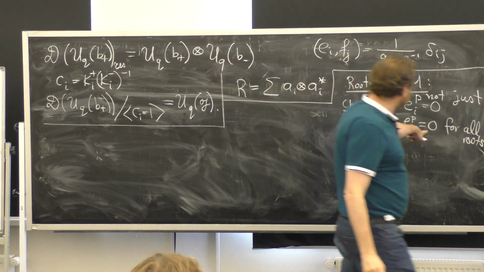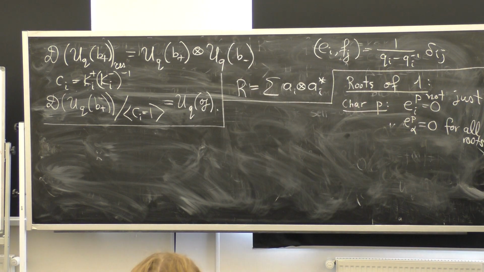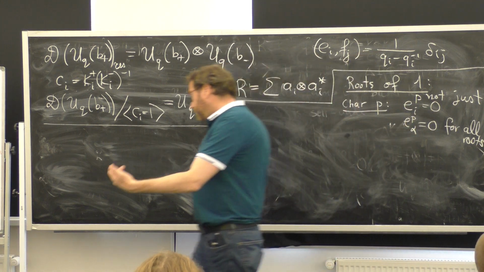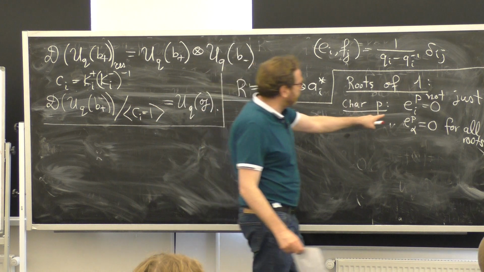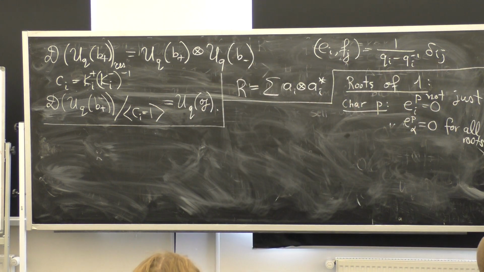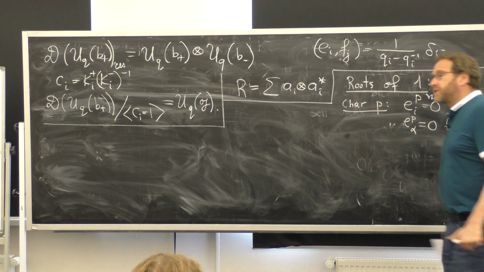We have to impose the condition that the pth power of the corresponding root vector is 0. And so the question is, what is the q-analog of a non-simple root vector E_alpha? That's not such a simple question.